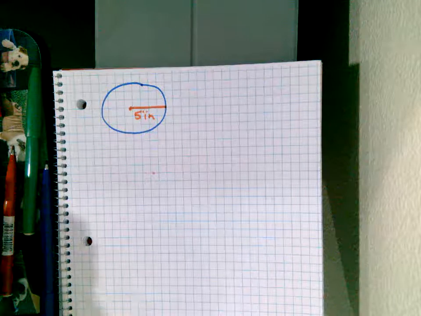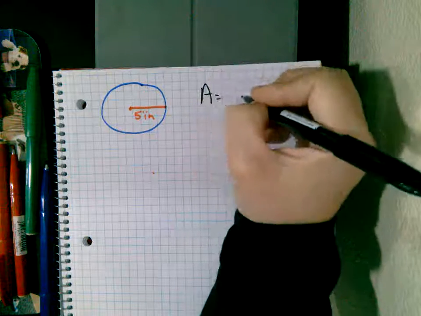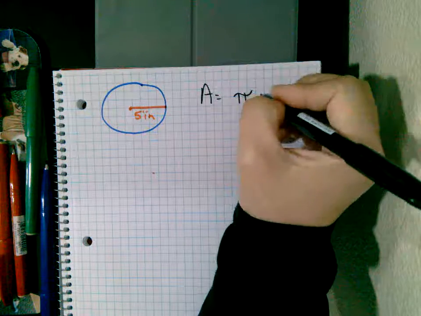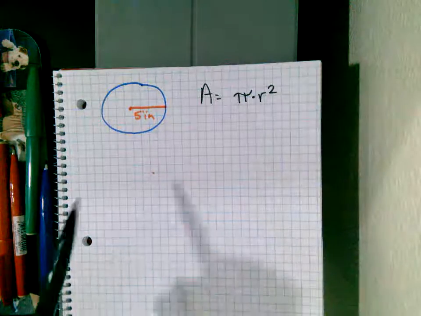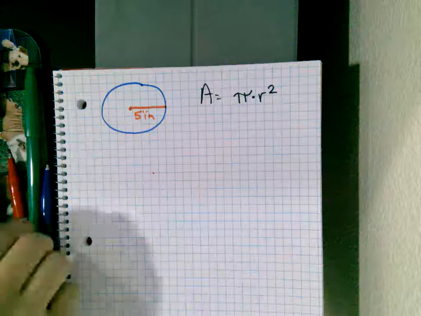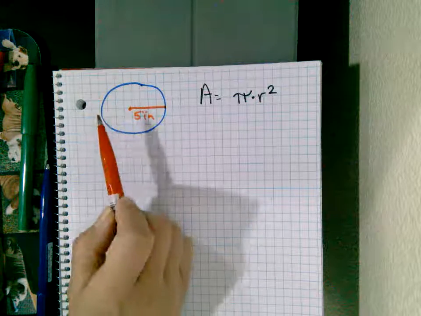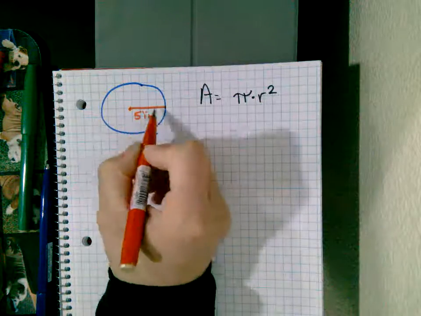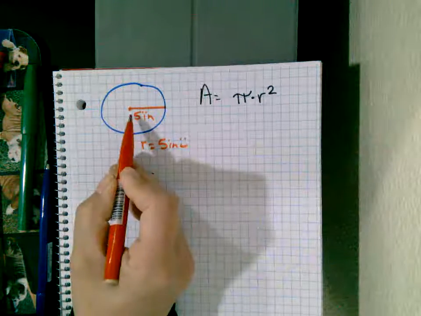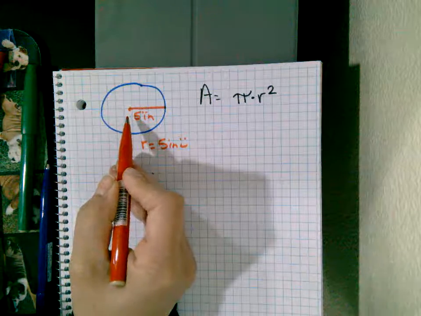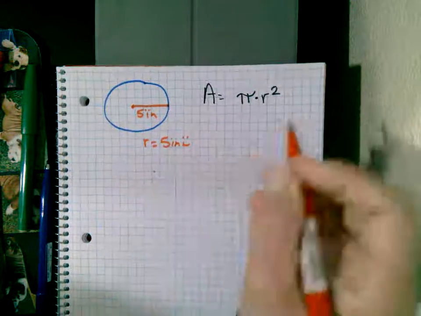All right, so our formula, area is equal to pi r squared, right? So I'm going to need radius. I look at my circle. Did I give you the radius? Yes. So the radius is 5 inches. Makes me happy because I gave you the radius. You don't have to figure it out. It's there. I didn't trick you. Radius is 5 inches. Okay, cool.